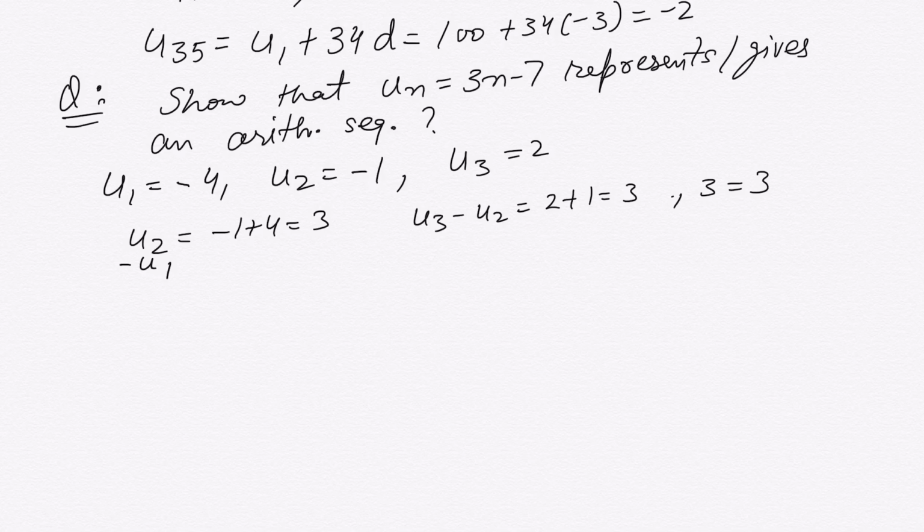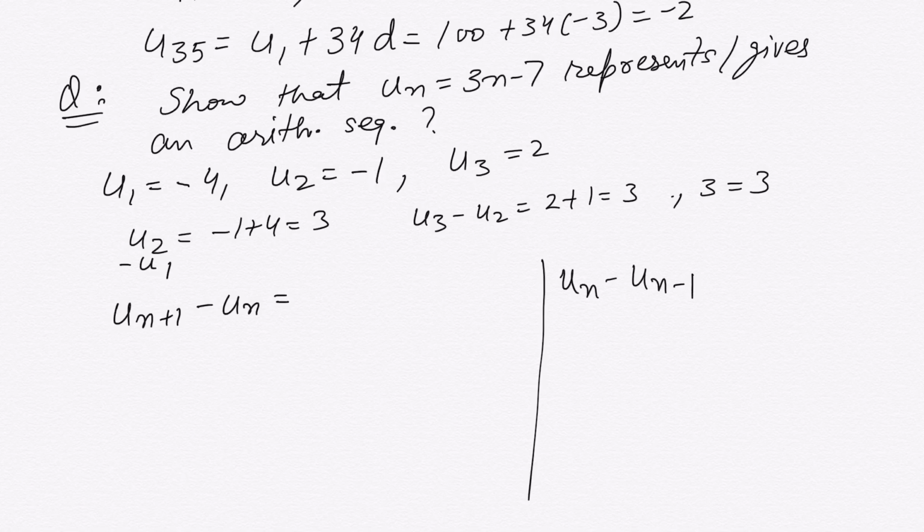What we need to do? We need to calculate the difference of next term minus previous term using n only. In that case you can calculate either un plus 1 minus un, or un minus un minus 1, or any next term minus previous term involving n, right? So in this case, suppose I calculate un plus 1.